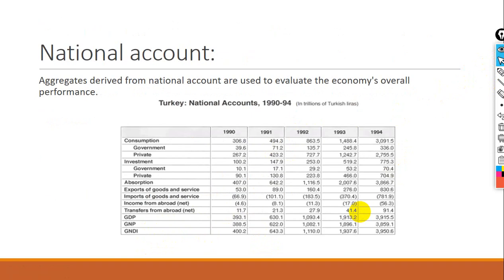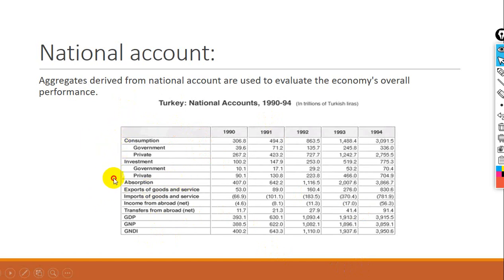Okay, now we are going to move to the first account, which is the national account. National account is used to evaluate the economy's overall performance. This is the form of the national account. It consists of two main parts.